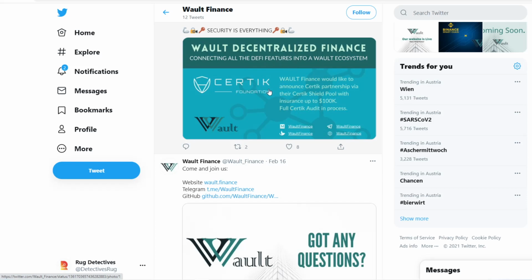Wault Finance would like to announce the CERTIK partnership via their CERTIK Shield Pool, with insurance up to 100,000 and the full CERTIK auditing process. This is building verification that we are here to stay. We want to make sure all areas are covered before we even think about launching. This shows that we're aligning ourselves with the best of the best.